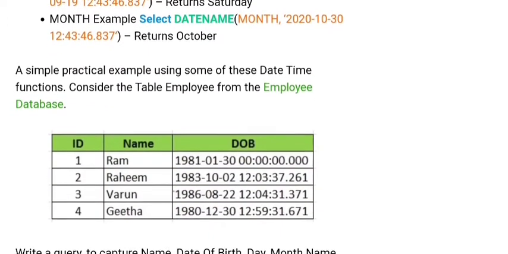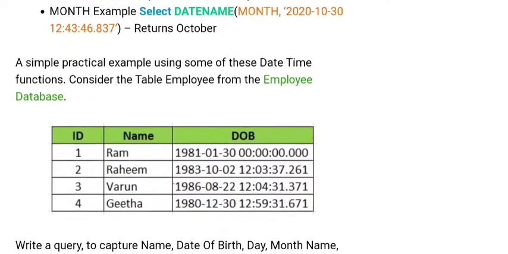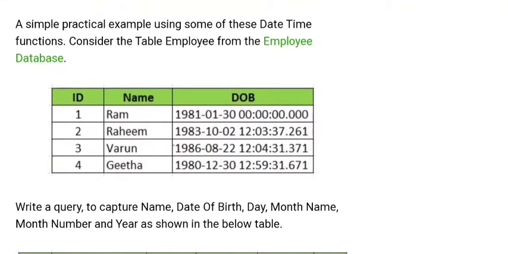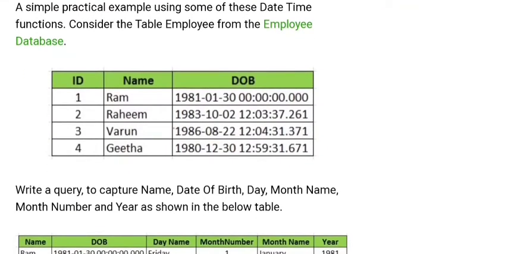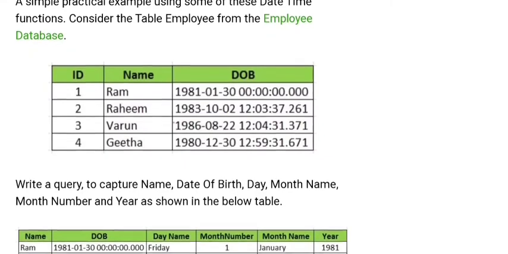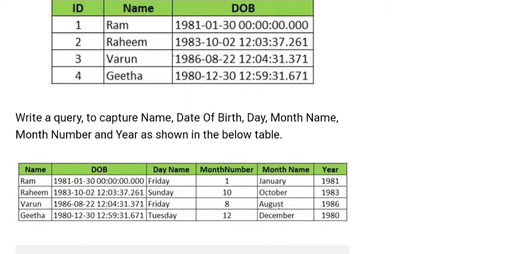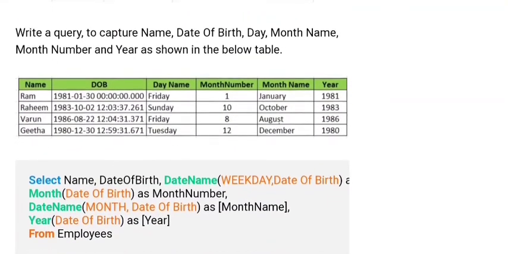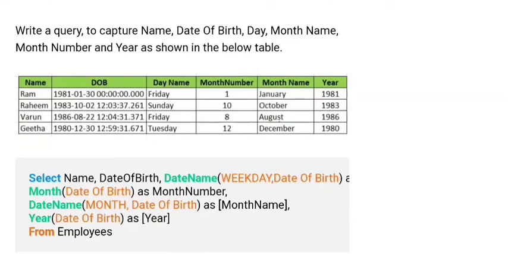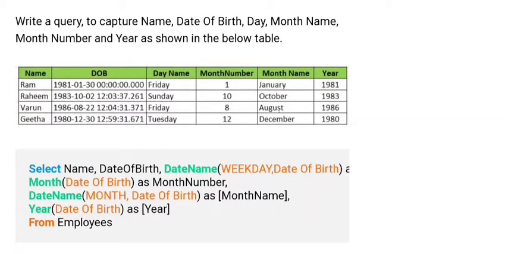Let us see a practical example. Consider this table, which has id, name and date of birth. To get this particular output: name, date of birth, day name, month number, month name and year, our query looks like this.